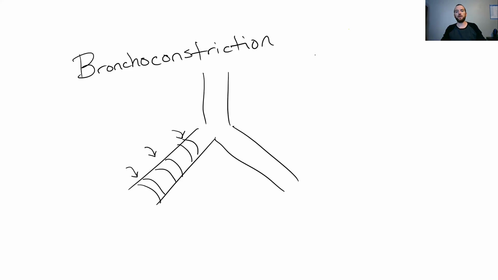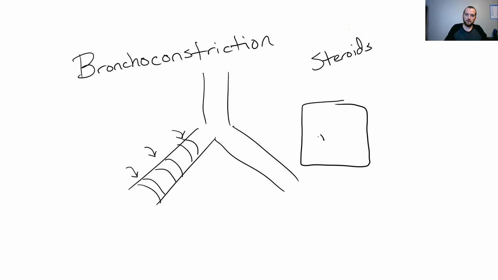So when we come along and we give steroids to stop or block that inflammatory response, that's going back to our cell that has all that fluid in there. Steroids, we say, stabilize the cell membranes, so that way fluid doesn't leak out.